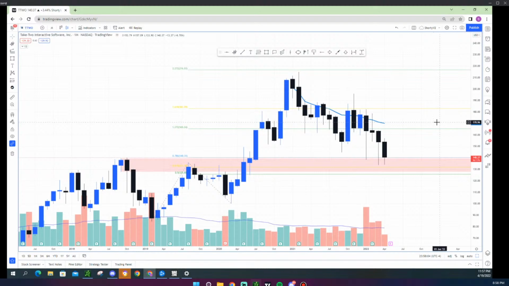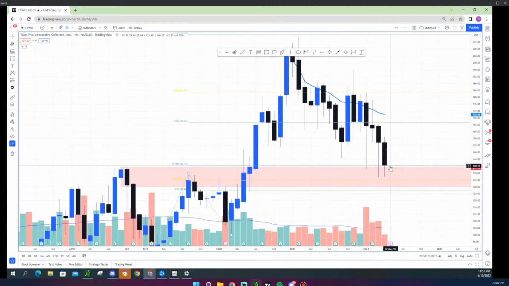Golden fib at 130. Oh yeah, that's a 61.8. Look at the 50% holding here. 140.31. Man, this looks pretty good.